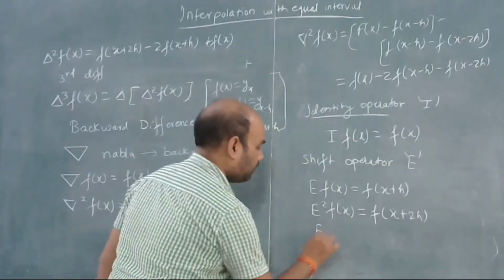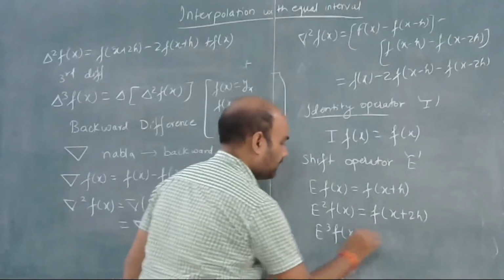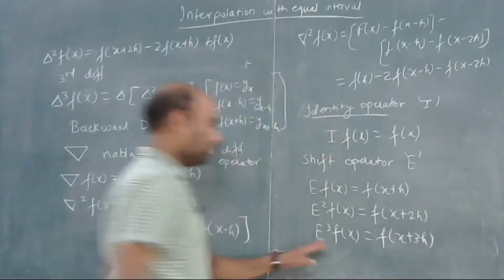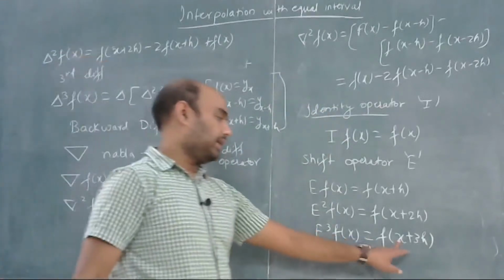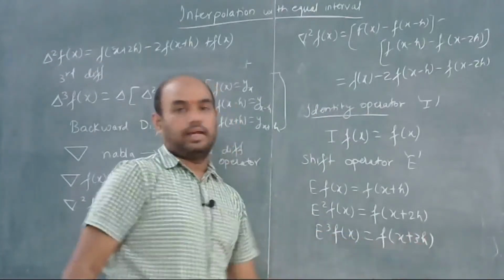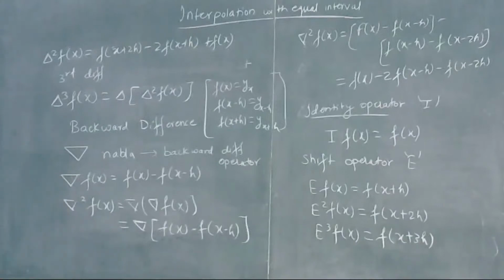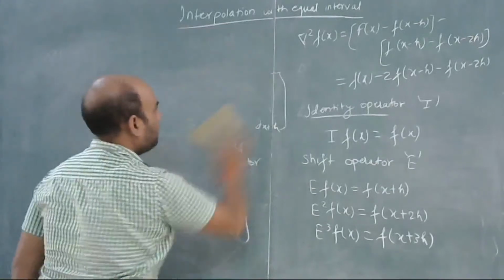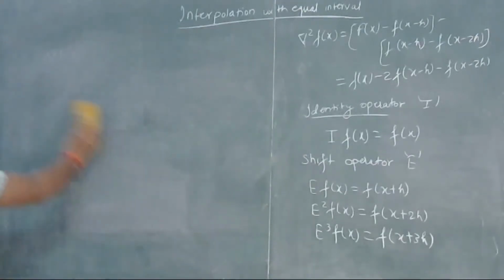E cube f of x is equal to f of x plus 3h. So this will increase the value of x by h. Okay, so this is the shift operator E.